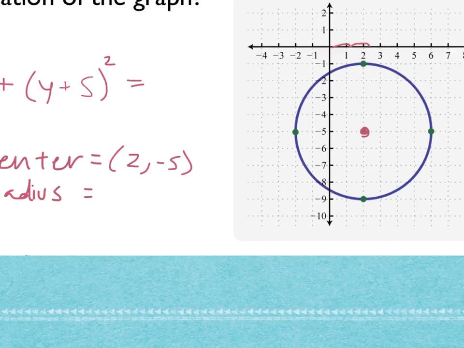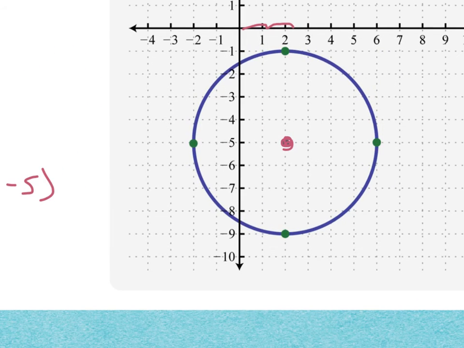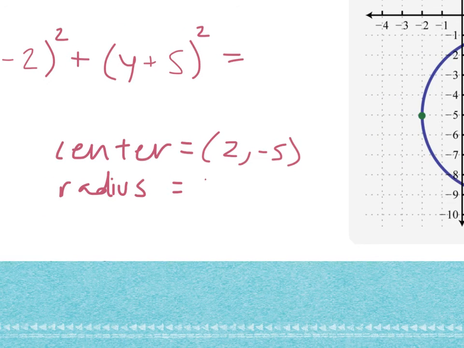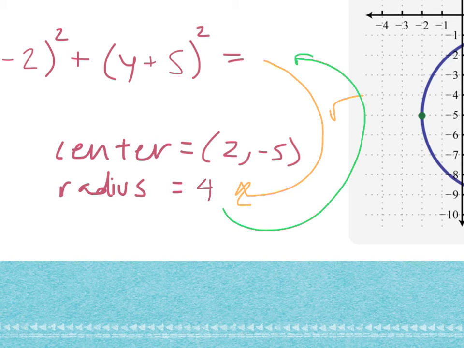And now we need to find our radius. So we're just going to count from our center to the edge of our circle. So we go 1, 2, 3, 4. So our radius is 4. And now before, when we started with the equation and found our radius, we took the square root. But now when we go backwards, we're going to square it.